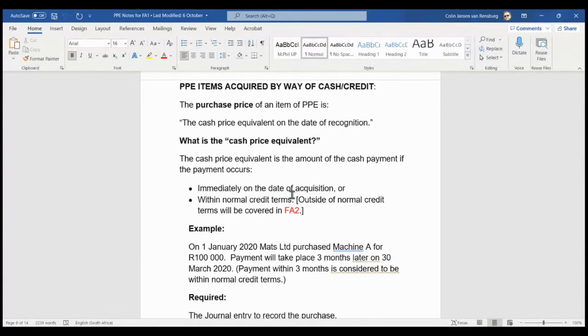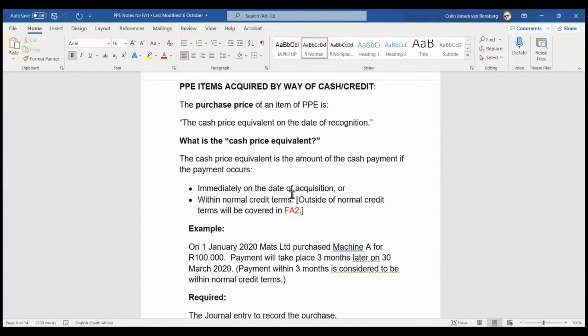It doesn't necessarily mean you're going to pay cash for it today when you acquire it. You might acquire it on credit and pay the cash maybe in a month or 2 months' time. But it is the cash price that will be paid when you actually pay it, either today or in a month's time. So that is what is meant by the purchase price, what you pay for it.